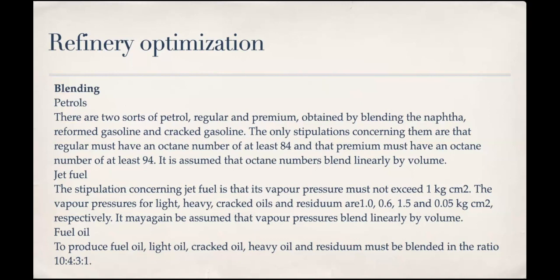Okay, so what we have now: naphthas, right? Light, medium, heavy naphthas, light and heavy oils and residuum, right? Also, we have reformed gasoline, crack gasoline, and crack oil. We blend all these streams, all these components, into the final product.